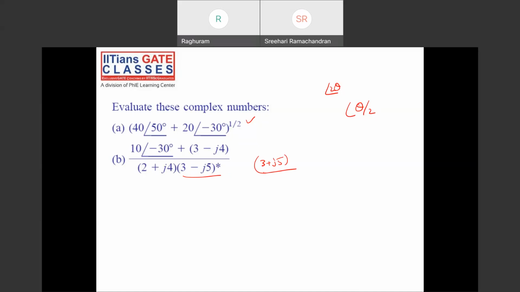Try to solve this. The numericals are not important. I just want you to be clear on the process of how to go from rectangular to polar and polar to rectangular. Basically, many people are a bit worried about these conversions; you should practice more to get used to it. Networks is not a theoretical subject.